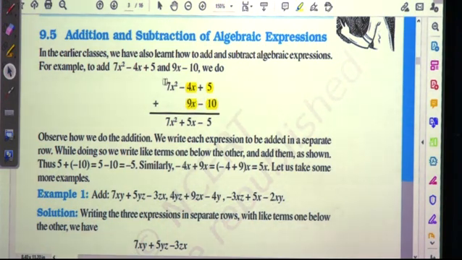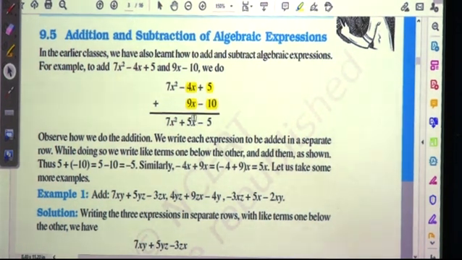We are not writing 9x below 7x square. Why? Just now we have seen what like terms are. So, 7x square stays as it is, because there is nothing to add to or subtract from 7x square. Minus 4x plus 9x: minus 4 plus 9 is plus 5, and x remains as it is.